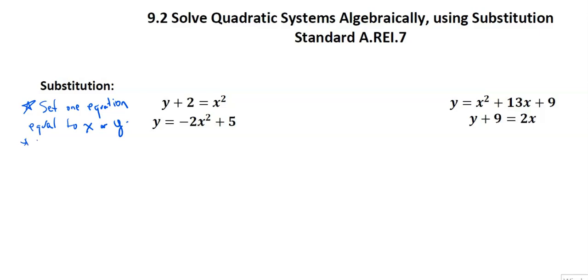Substitute into the other equation, and then you solve for the variable.